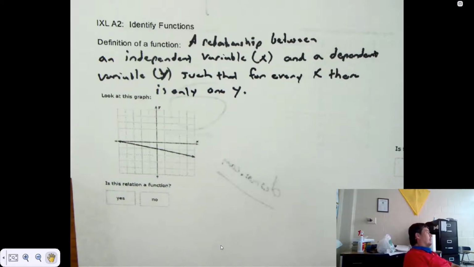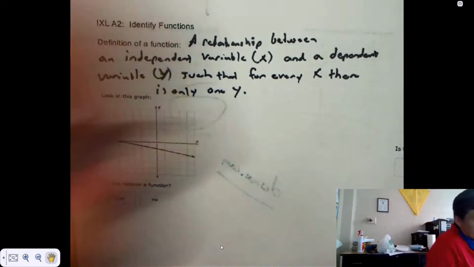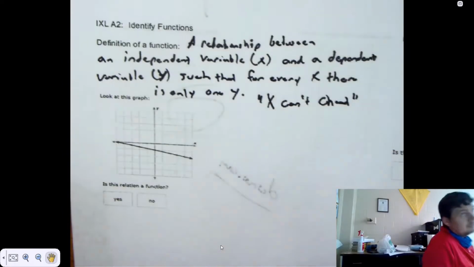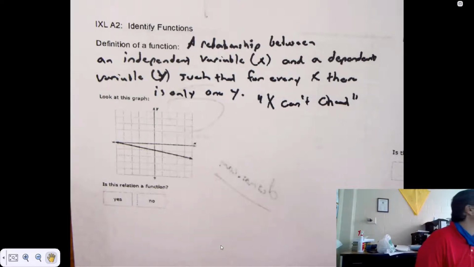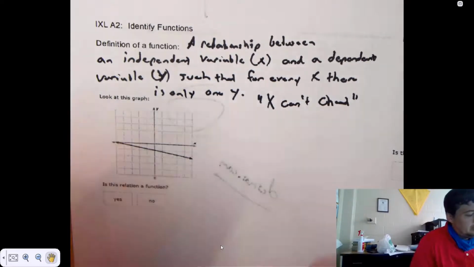X can't cheat. Y can, x can't. Now, most of the stuff you do under this section, if not all of it, you have a graph in front of you. So you use what's called the vertical line test.